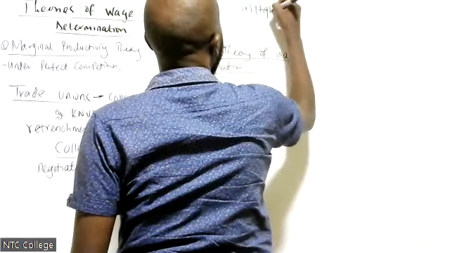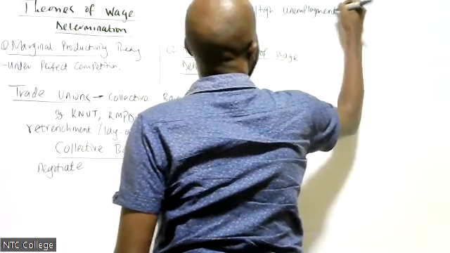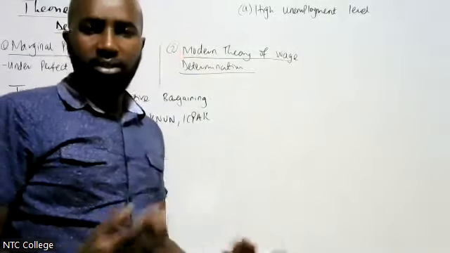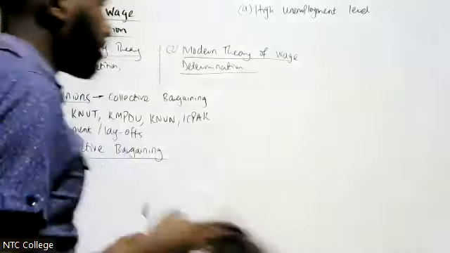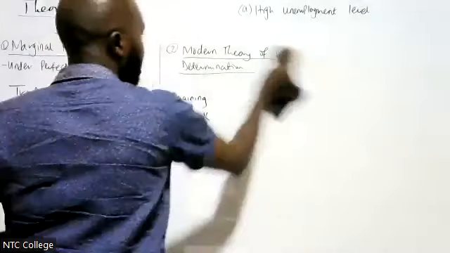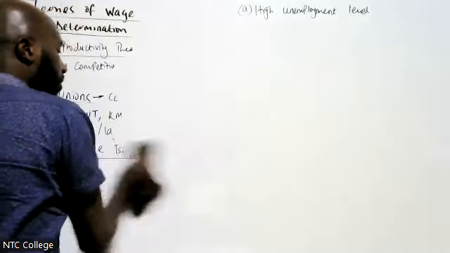Even for that sector, you might want to complain on some issues, but strength in numbers is a very important factor. Because of high unemployment, people are not employed, especially in some of these sectors.